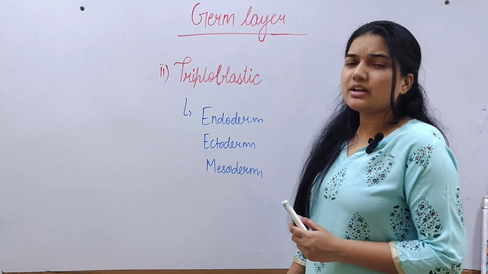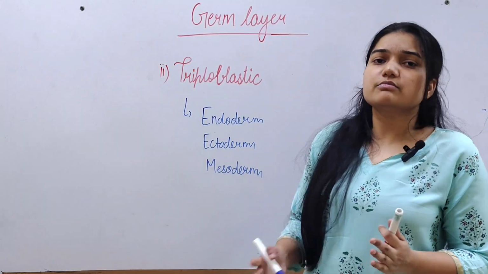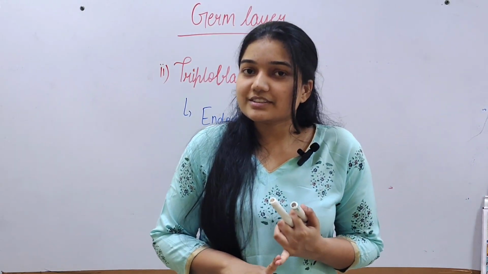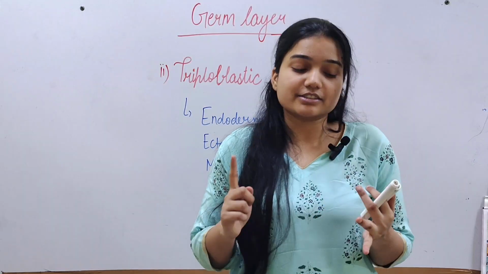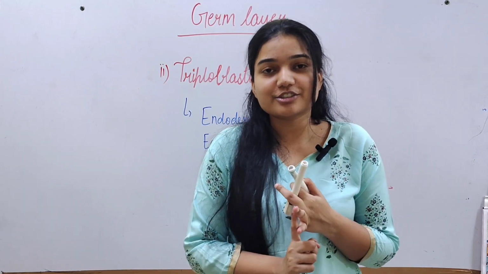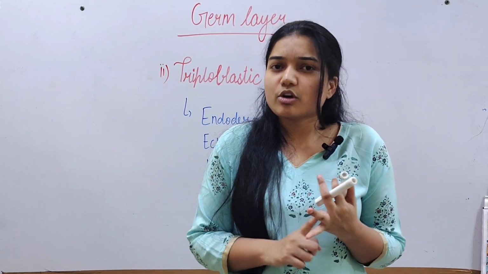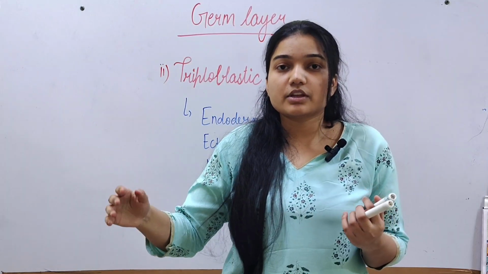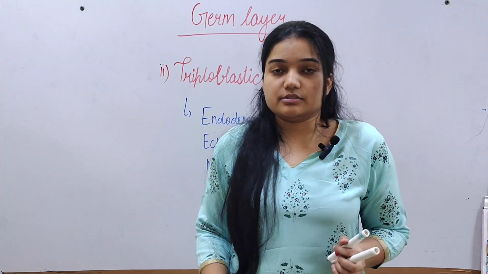And the examples of the triploblastic animal are Platyhelminthes, Aschelminthes, Annelids, Molluscs, Echinodermata, Chordata, and so on the phyla of the animals, up to the mammals.